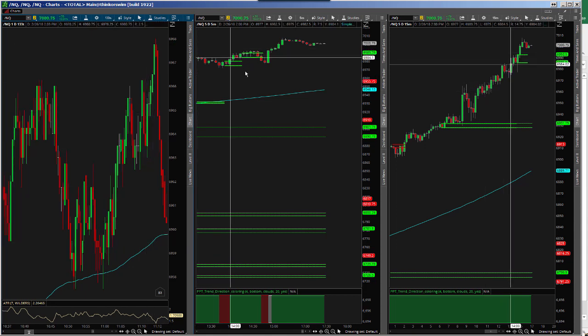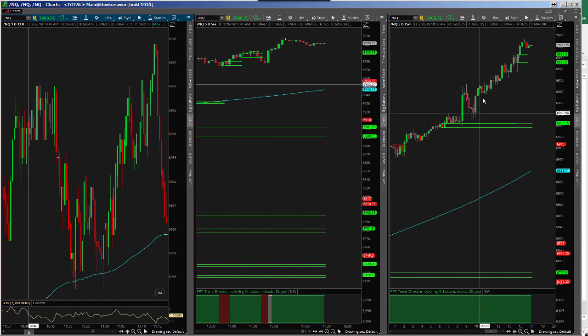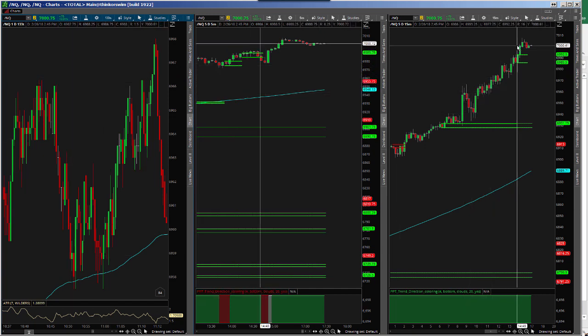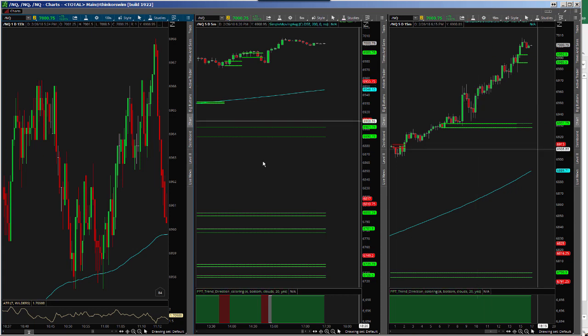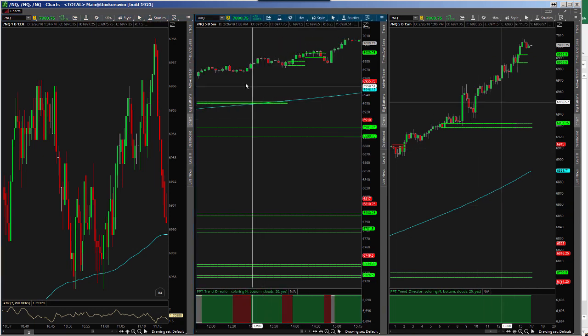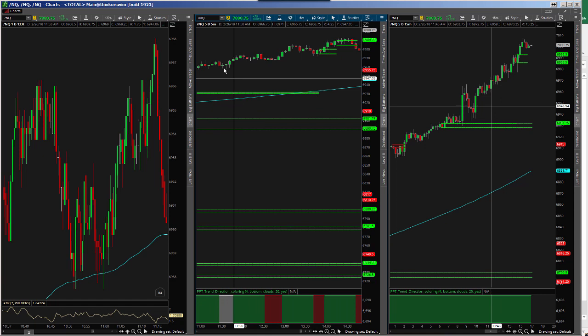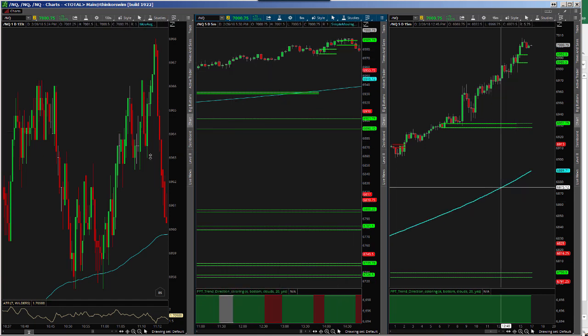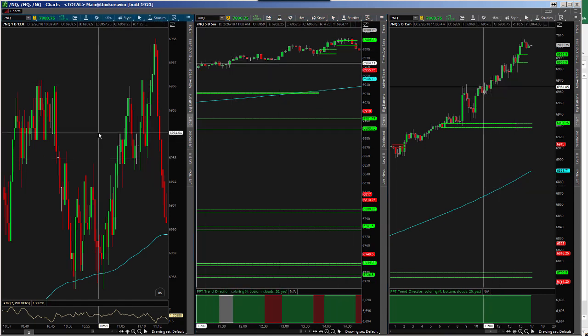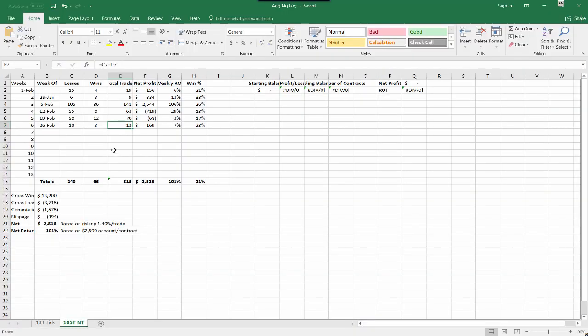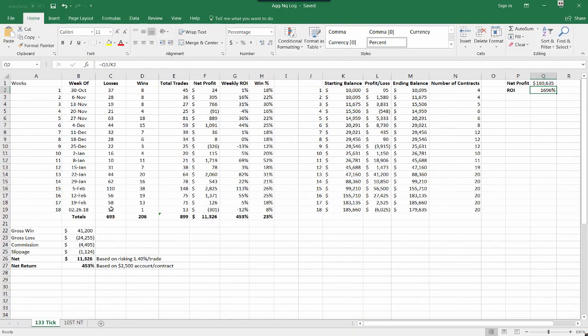If you look at the price action today on the 15-minute, it looks like it was just straight up, and for the most part it was. But if you look at the 5-minute, it's a different look. It's pretty choppy. Thinkorswim today got smoked, and I'll show you. 12 losses, 1 win.